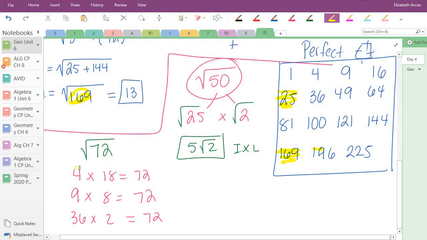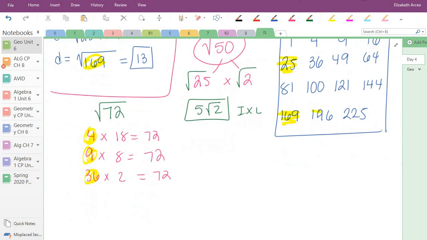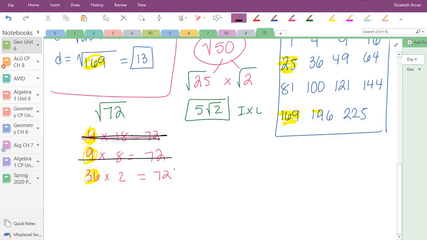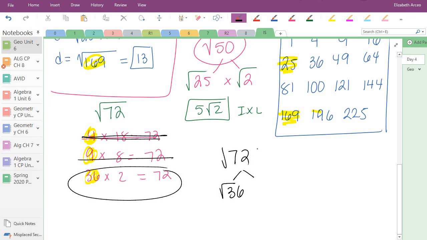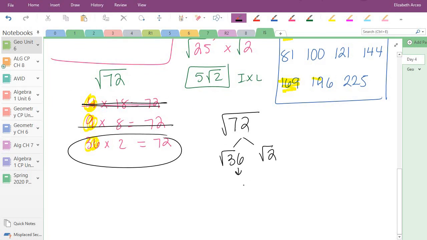So again, these are your perfect squares. But you're going to take the one that is the largest. So I would not pick 4 and 18 because that's too small compared to 36 and 2. So 72 is reduced by 36 times 2, which we know that if we take the square root of 36, that's 6 square root of 2. So this would be the IXL answer.